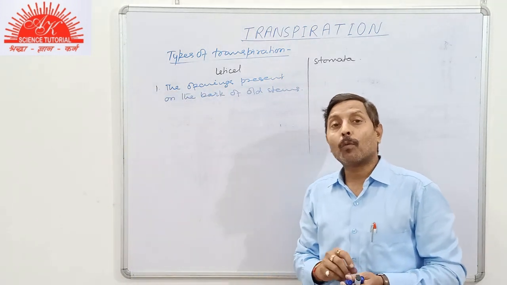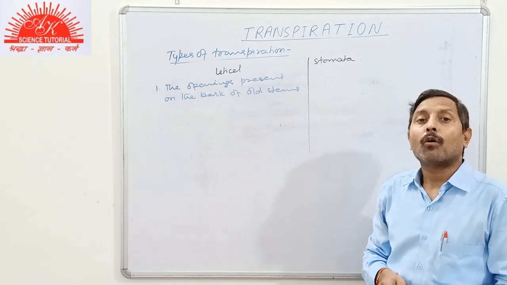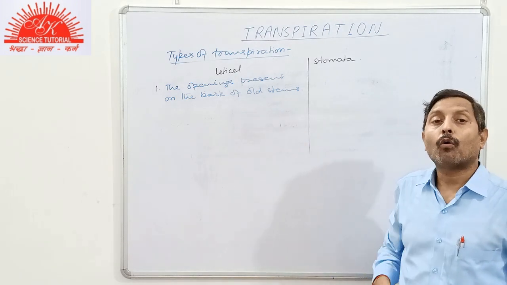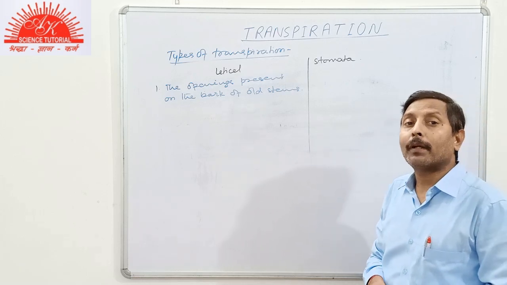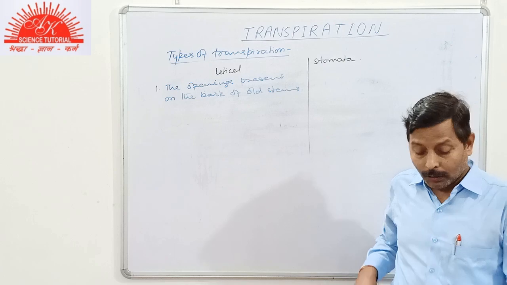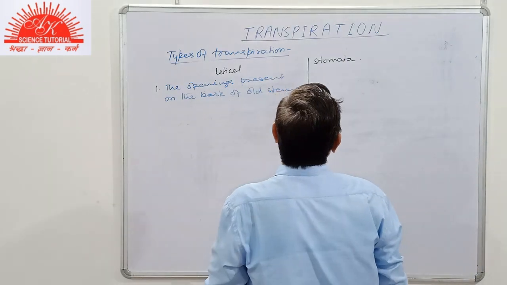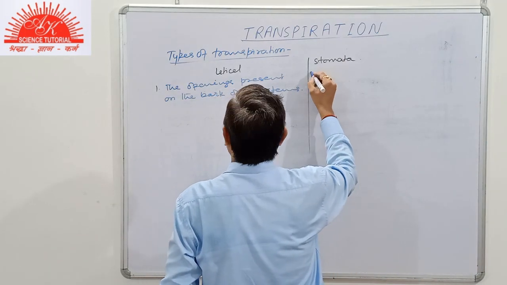Lenticels are openings present on the bark of old stems, whereas stomata are the openings present on the surface of a leaf.